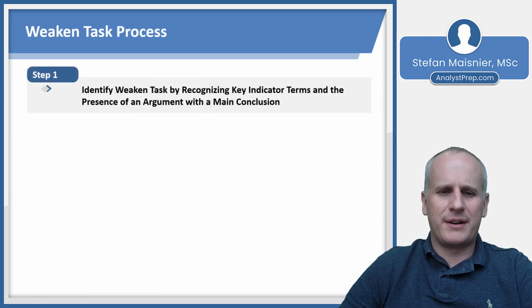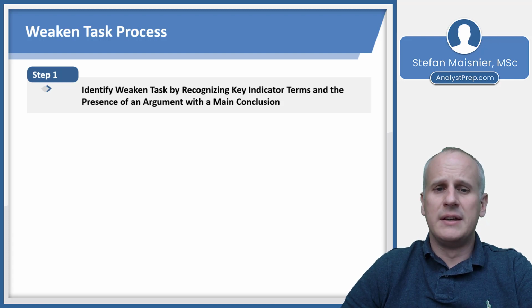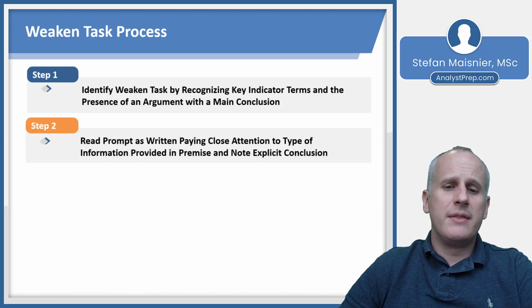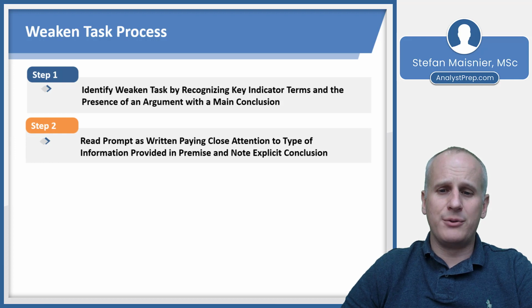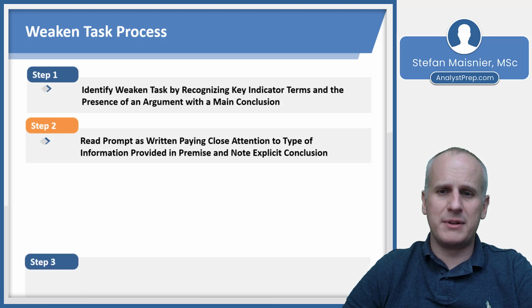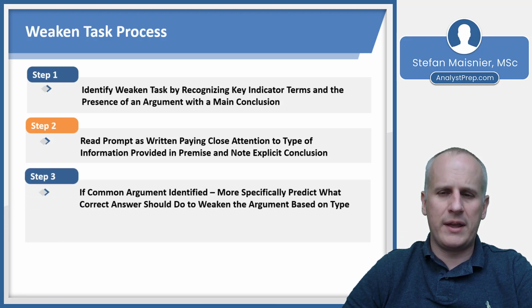So, our weaken task process. First, identify the weaken task by recognizing those key indicator terms such as undermine, weaken, and the presence of an argument with a main conclusion, just because the word argument or conclusion is there. Then step 2, read the prompt as written, paying close attention to the type of information provided in the premise, noting the explicit conclusion to potentially identify one of our common arguments to help focus on the way the argument is structured in order to predict what your correct answer should be.